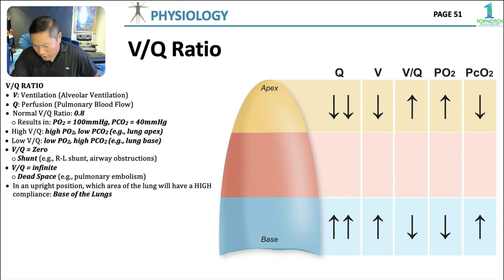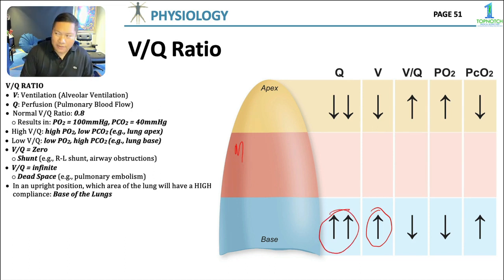Okay? So if we divide the lungs into apex, middle, and base, and then compare, what can we learn from this? Look at this diagram. Ventilation alone is highest in the base. Perfusion alone is highest in the base.